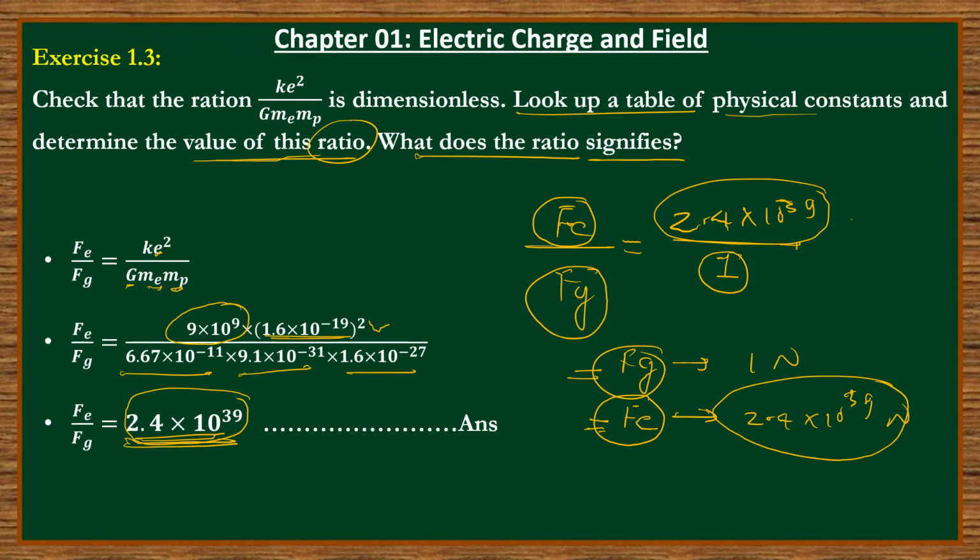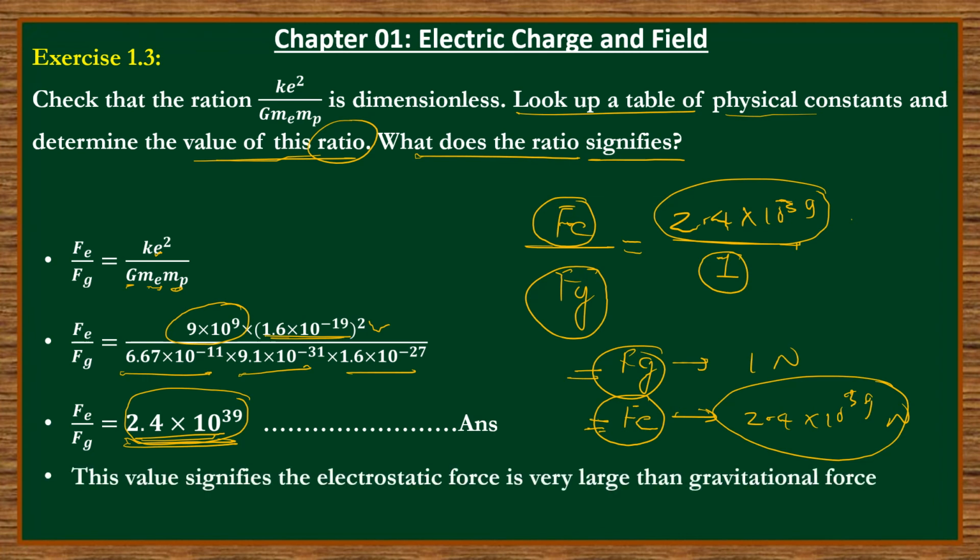So this is the significance of this ratio. This value signifies that the electrostatic force is 10 raised to 39 times more than the gravitational force. This is the meaning.